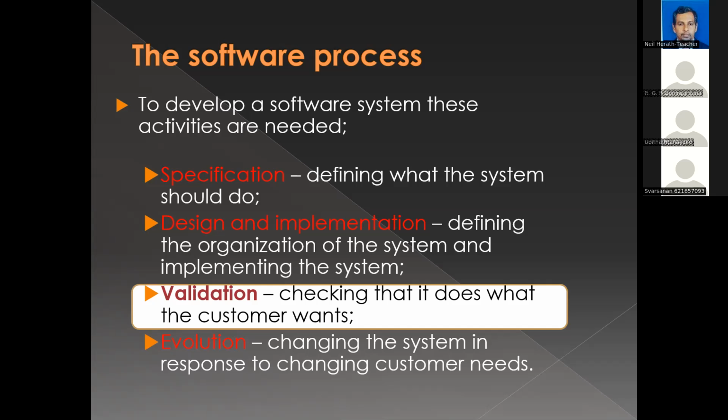So without waiting to finish everything, like in the waterfall model, if you are following a method like agile for software development, you may do the validation for chunks of the programs that you do, for different modules that you make. Afterwards, evolution is similar to maintenance, where change in the system happens in response to changing customer needs.